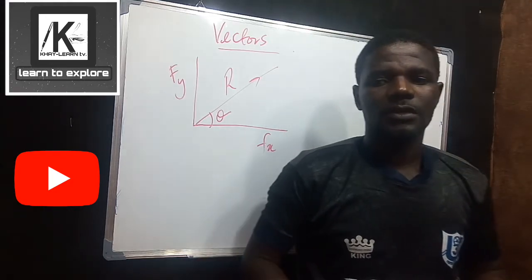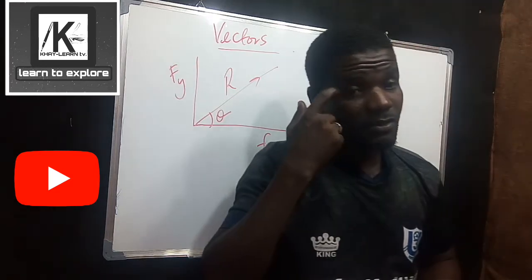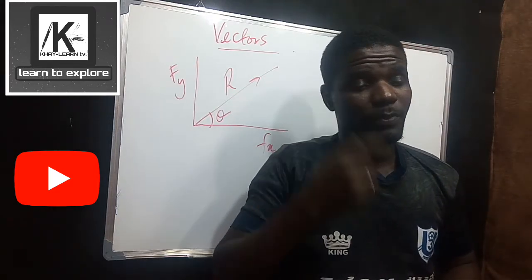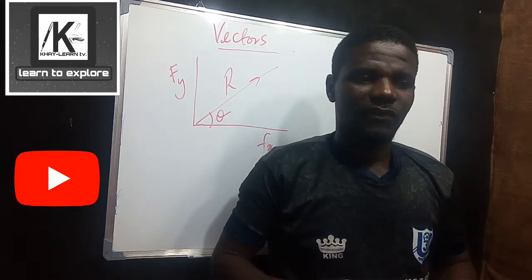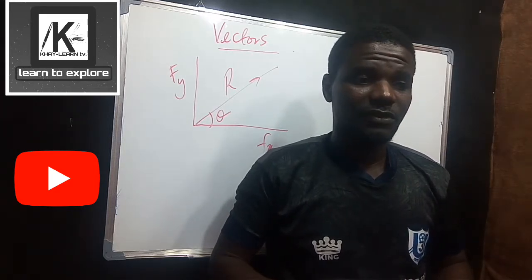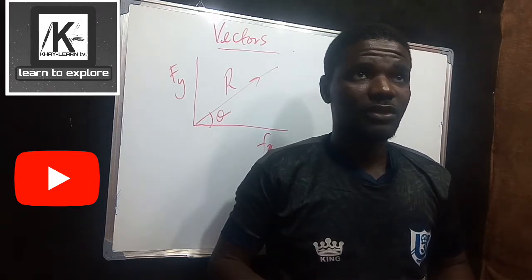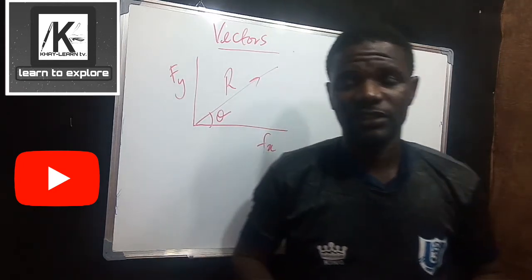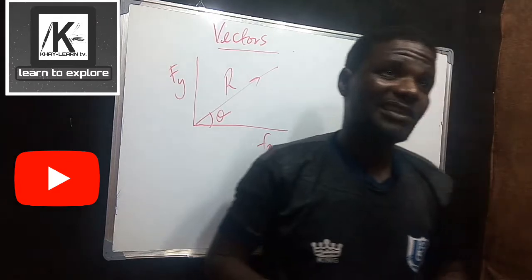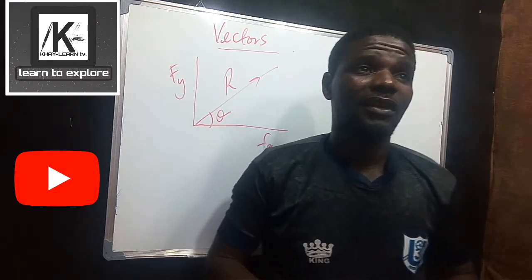In the last class, I discussed a topic like vectors and finding the resultant of vectors acting in different sides, in opposite directions, and I also talked about finding the resultant when two vectors act in the same direction.